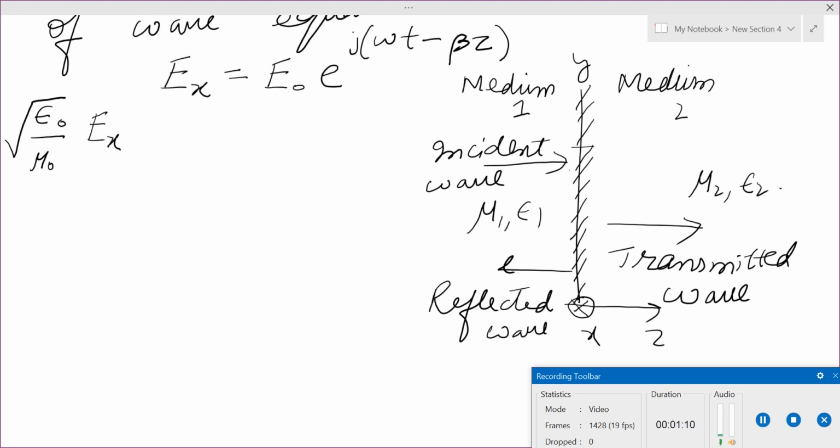Even with light, you might have observed that if there is some glass material which is not fully mirror type, part of the light gets passed and part of the light gets reflected also.